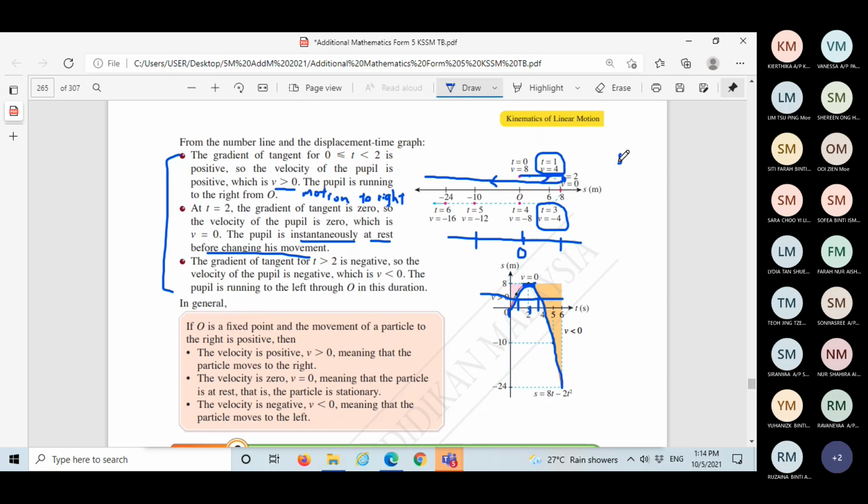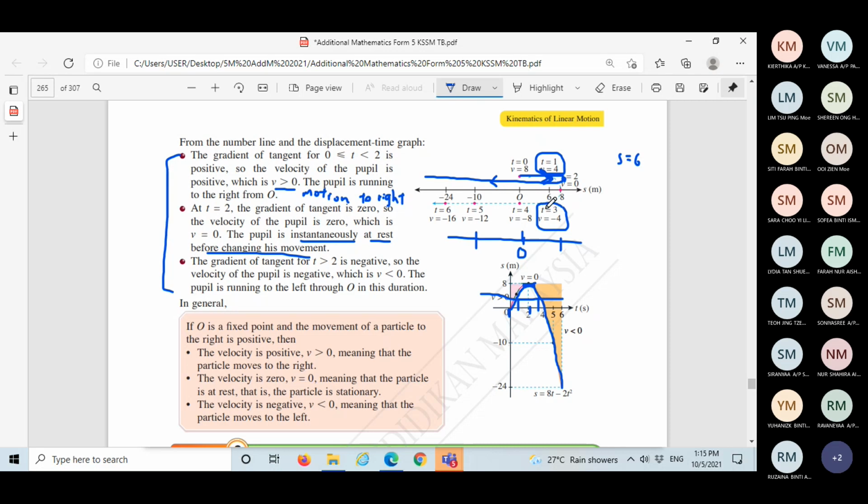It means when t is 1 and when t is 3, the displacement, the position of the particle, is on the right hand side of O, 6 meters away from O. But when t equals 1, the velocity is positive 4, which means the particle is moving, pointing to the right.